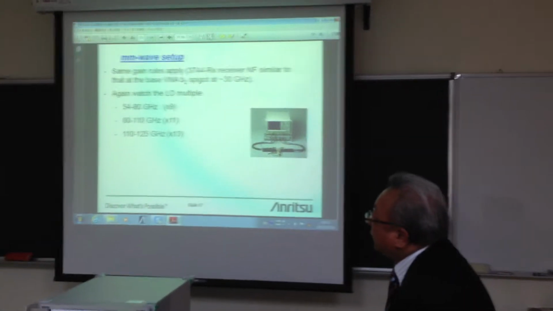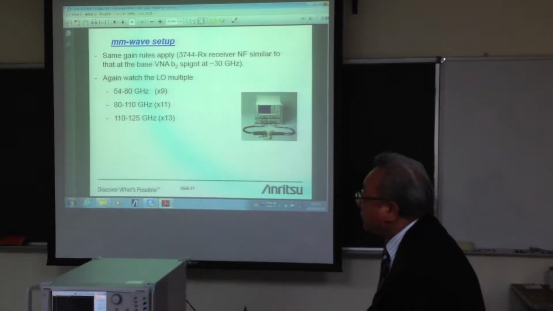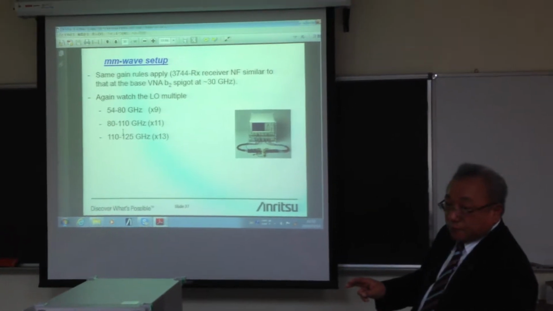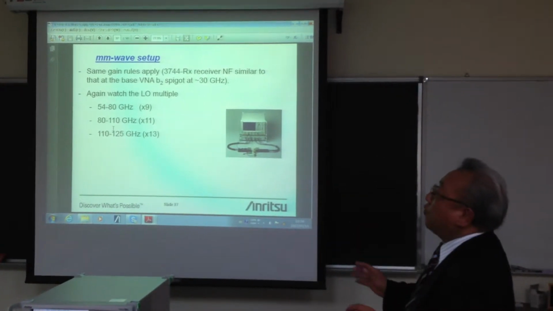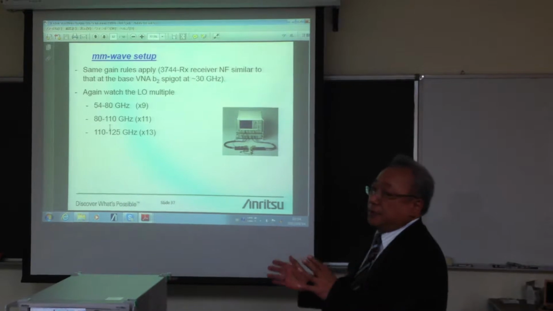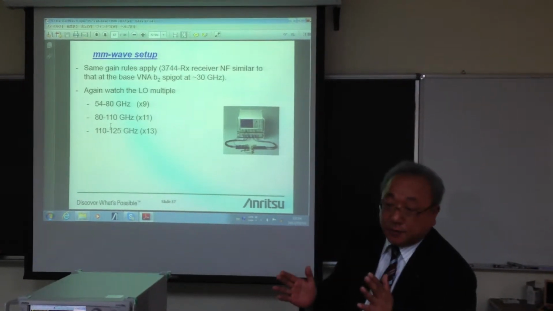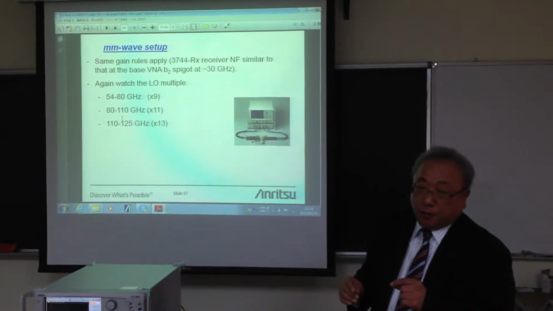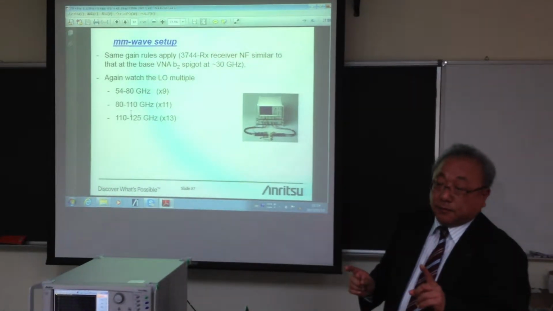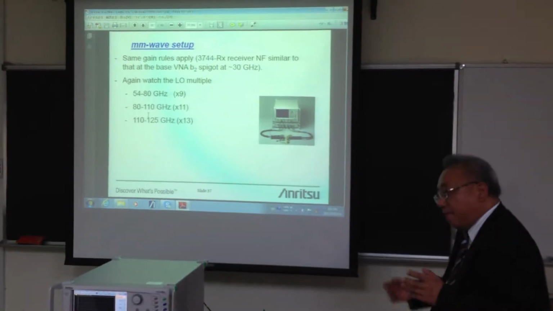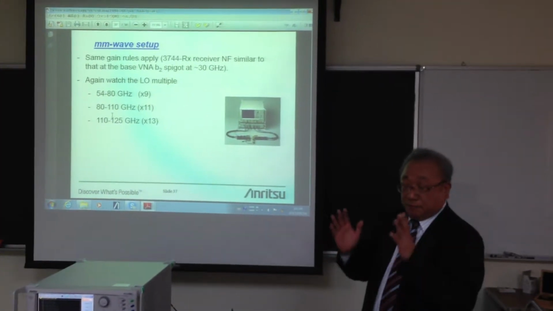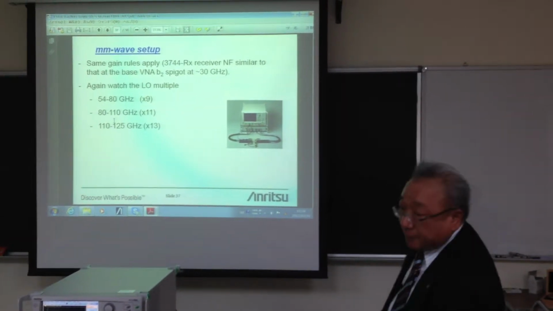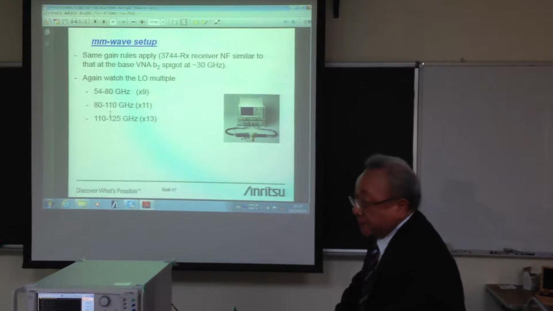So we could not make a measurement from 54 to 110 GHz. We have to divide it into two frequency ranges, and also select a narrower bandwidth because of the limitation of the bandpass filter. About 5 or 6 GHz bandwidth is maybe okay, but a wider range is difficult for the bandpass filter.